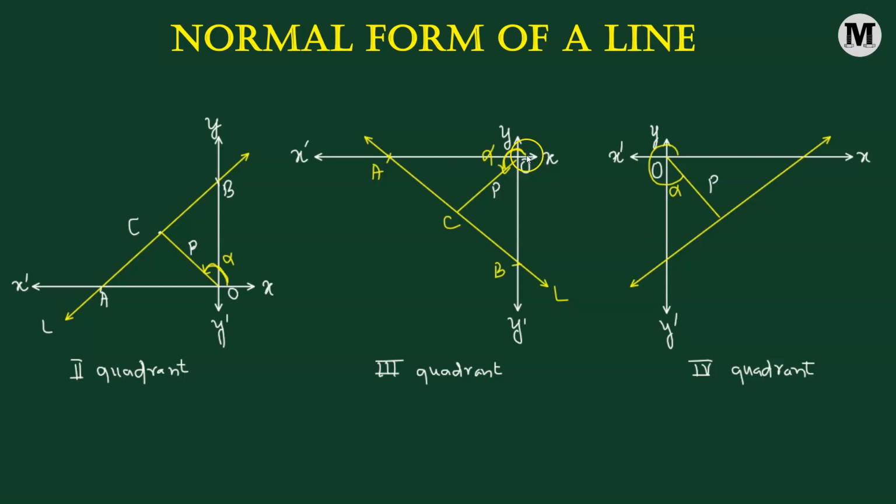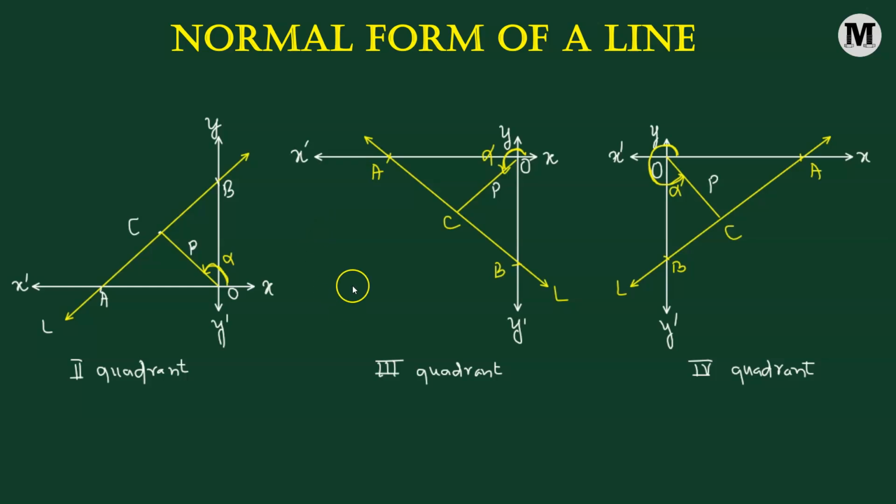So that's very important. And finally we have the situation where the line L cuts the x-axis in the positive direction at point A and the y-axis in the negative direction at B. So OC is the perpendicular length, and it is making an angle with the positive direction of the x-axis. Here we can clearly see this is the angle alpha.